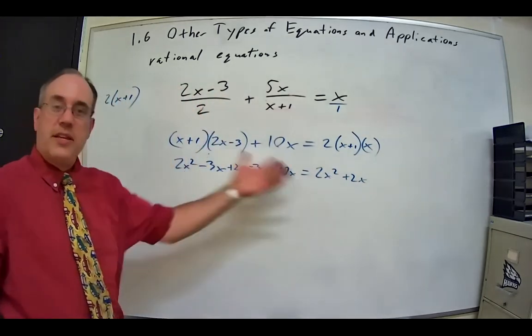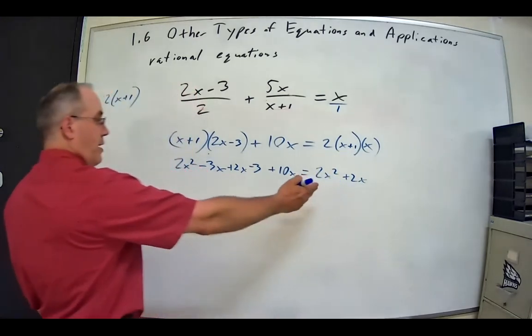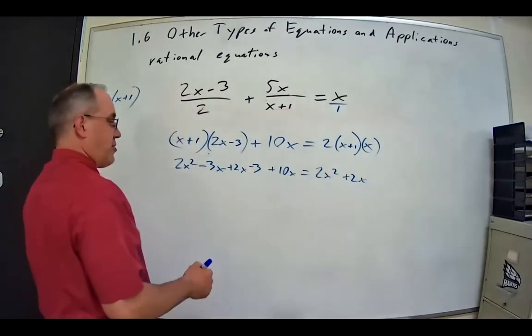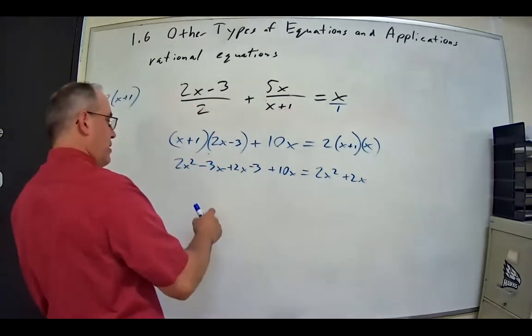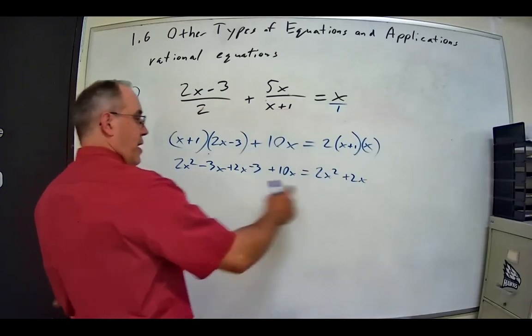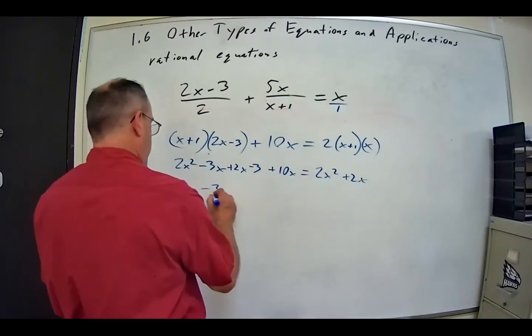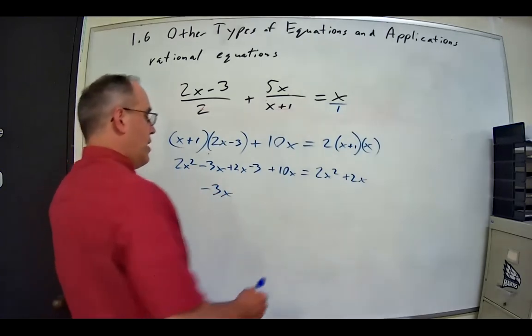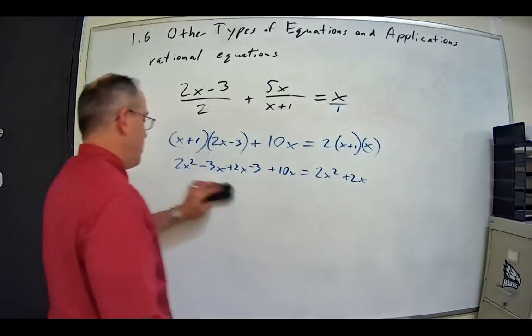Now I'm going to get them all on the same side. So if I subtract 2x squared from both sides, that cancels out. If I subtract 2x from both sides, I have minus 3x plus 2x minus 2x, which gives me minus 3x. And then I've got another x there.